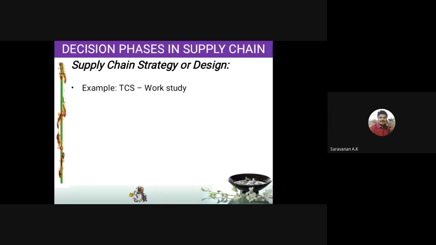If an engineer works 8 hours in the TCS, then only is it possible to complete the project in time. Based on the time period only, the number of required engineers is calculated in TCS. Hope you all know this thing.